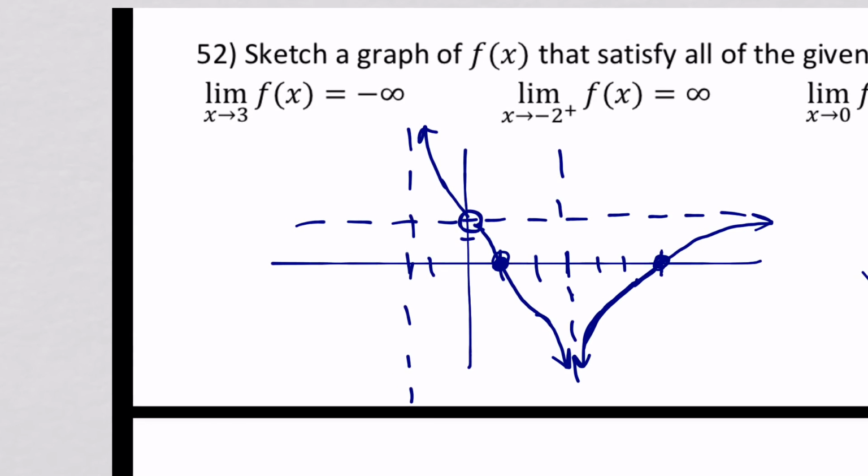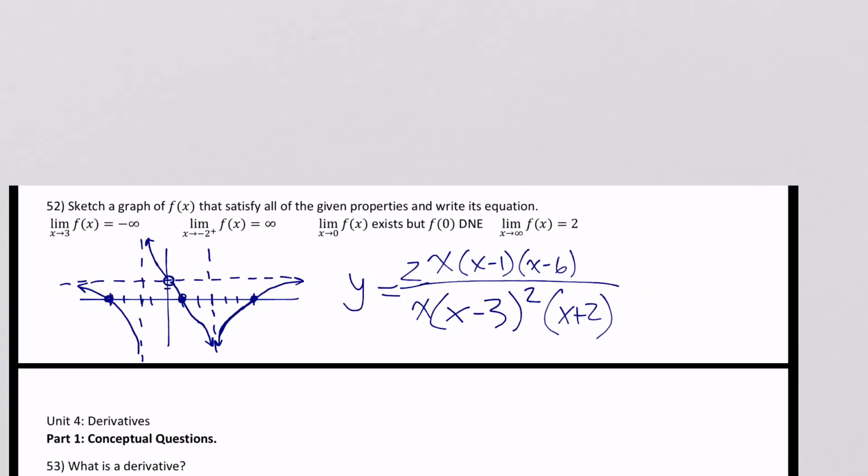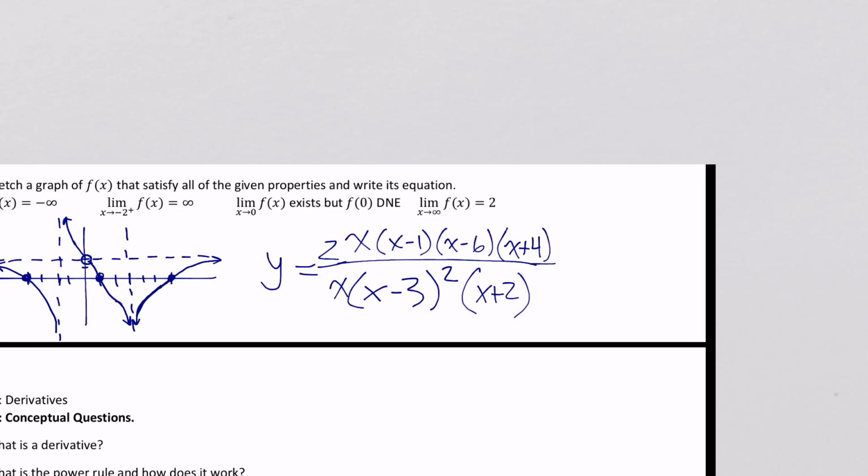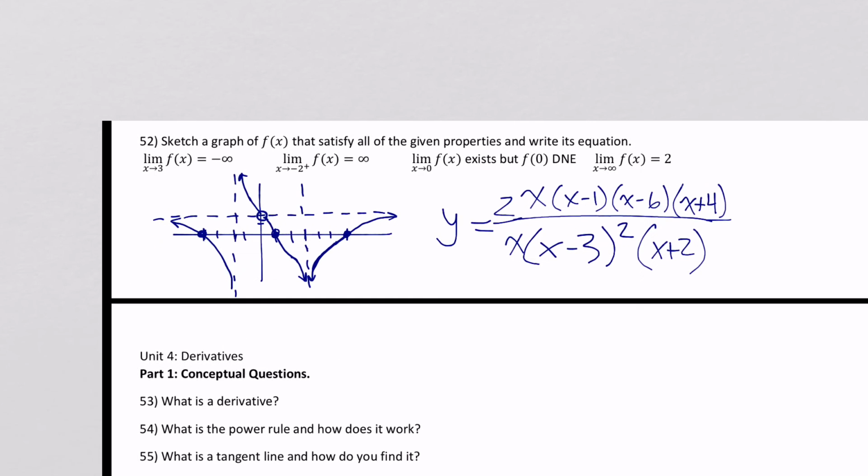So I'm going to create an additional power of x in the top by making this tail go down, curve up, and approach that horizontal asymptote, thus creating an x-intercept right there at maybe 1, 2, 3, 4, negative 4. So I have an x plus 4 in the top. So now my function totally agrees with my graph, and it satisfies all those limits.